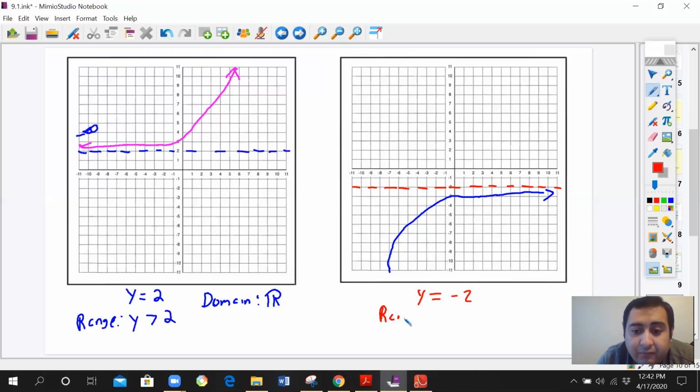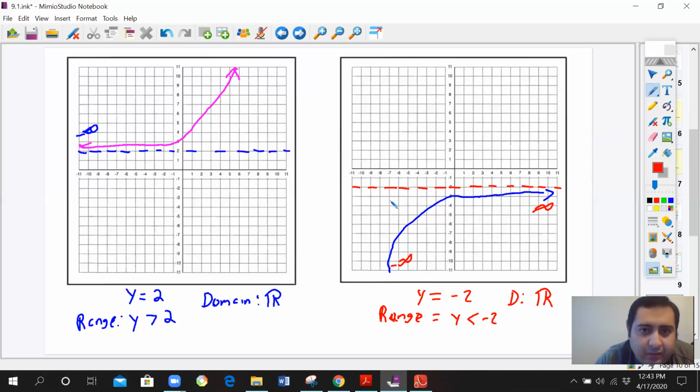Your range is going to be y less than -2, because now you have your y values on the lower side. Your domain is going to be the same thing, all real numbers, because you have positive infinity values and negative infinity values for the domain. So just keep that in mind.